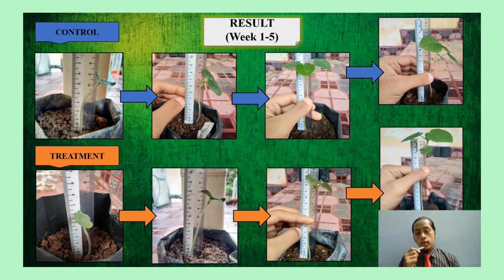Then lastly, after 5 weeks of planting, the okra plant treated with Gibberellin is significantly higher, at 16.5 cm compared to the control, which is 12.5 cm.